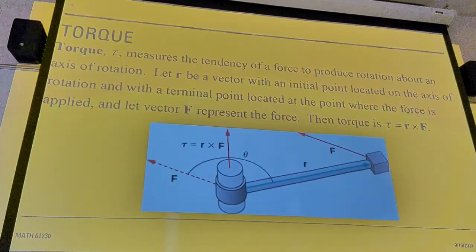So in this case, torque is perpendicular to both your axis vector, not the axis of rotation, but the axis vector itself, and the force vector. So if you ever need a vector perpendicular to, take a cross product.